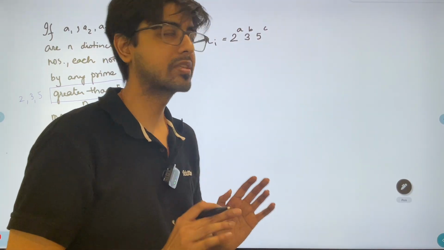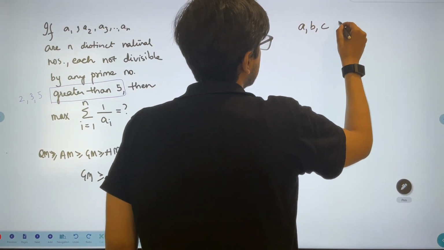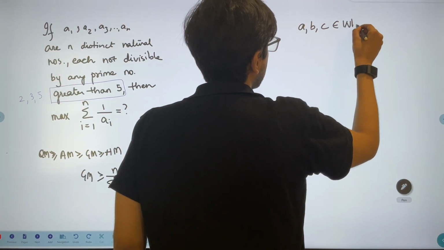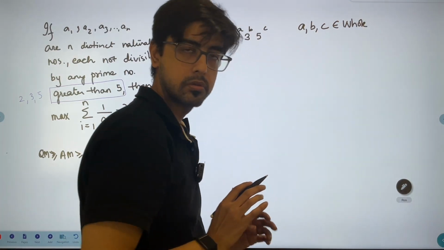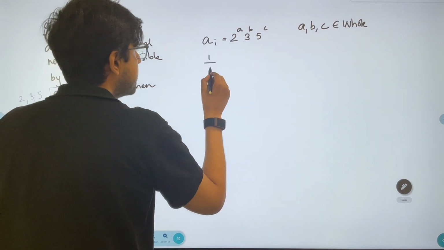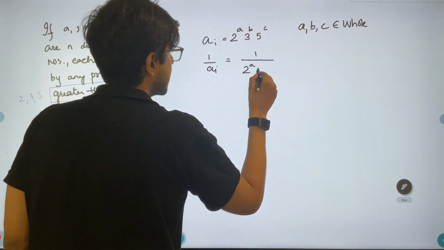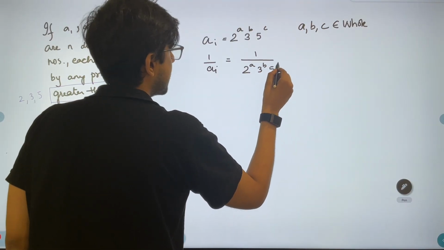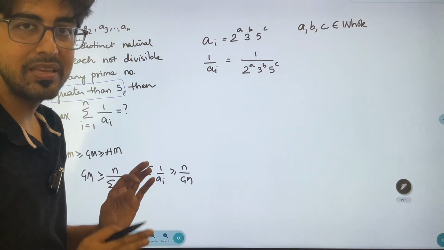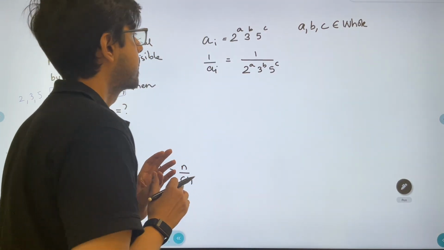So 1 is also satisfied. Now A, B and C belong to whole numbers, right? Now 1 by AI will be equal to 1 by 2 power A, 3 power B, 5 power C, where again A, B, C belong to whole numbers, right?